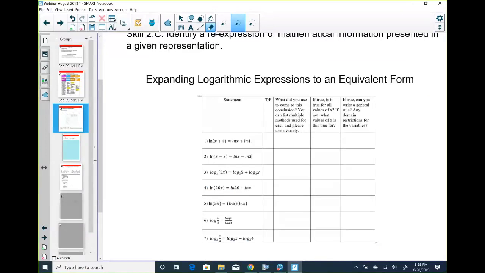And just real quick, do we think it's true or false? What technology did you use to come up with this conclusion? And can you come up with a different method to also come up with this conclusion? So getting them to think different ways. Is it true for all values of x? And if it is true, can you write a general rule? And are there any domain restrictions?